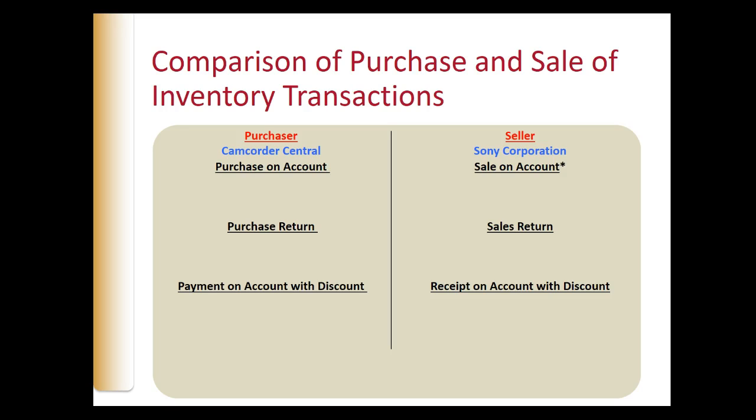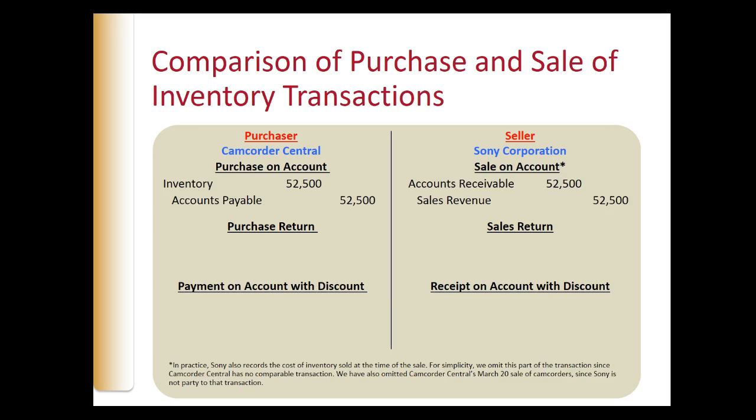For every purchase transaction, there is a sales transaction for another party. Sometimes seeing the other side of the transaction helps us understand the economic events we're recording. Camcorder Central, the purchaser, made a $52,500 purchase on account from Sony, the seller.